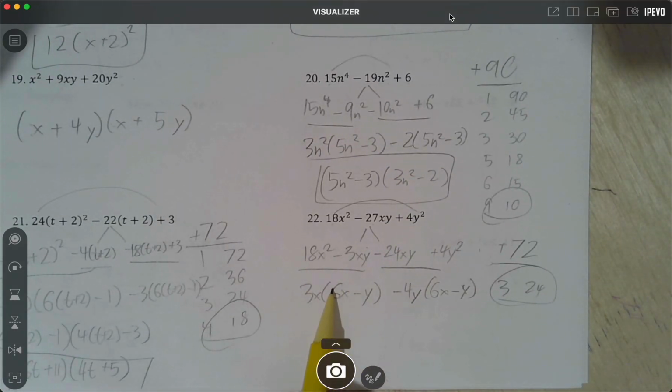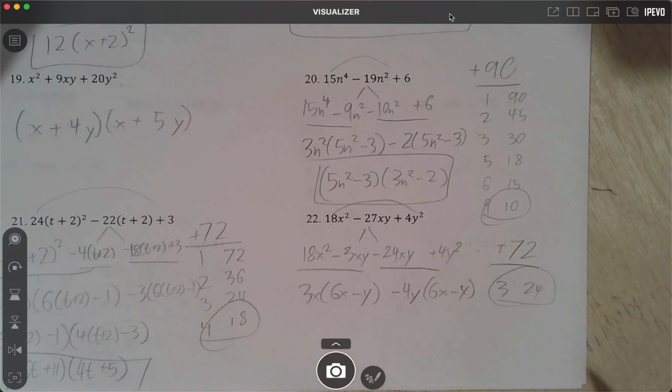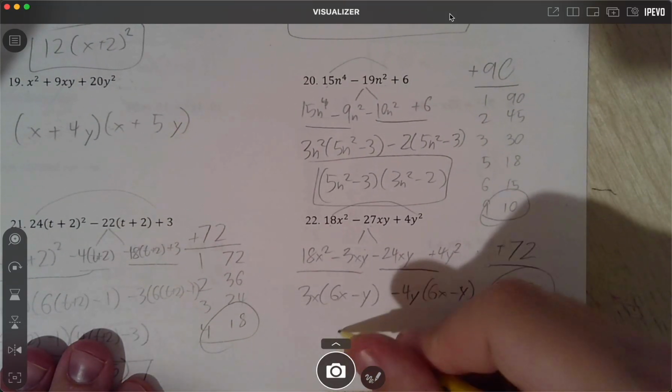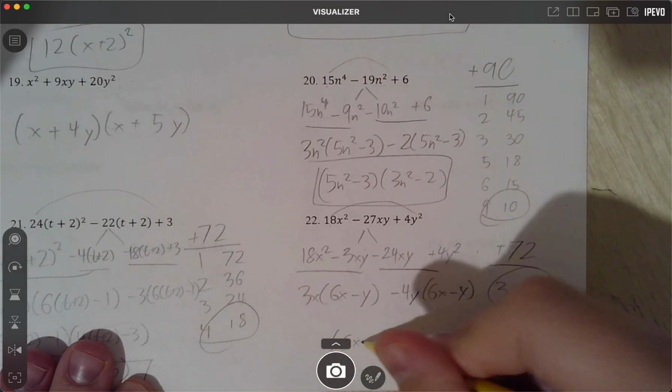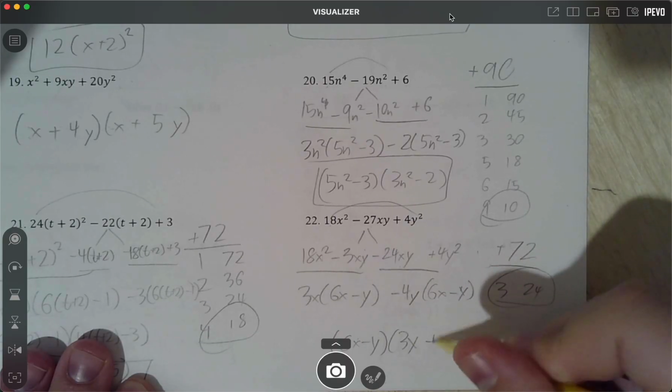Again, this part's probably the most crucial. Redistribute it. That makes 18x squared. That makes negative 3xy. This makes negative 24xy if you do some reordering. This makes positive 4y squared if you do some reordering. Now what's shared? The 6x minus y. What's left over? The 3x minus 4y.